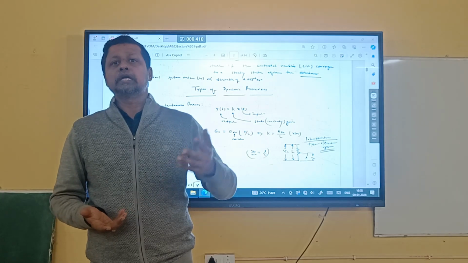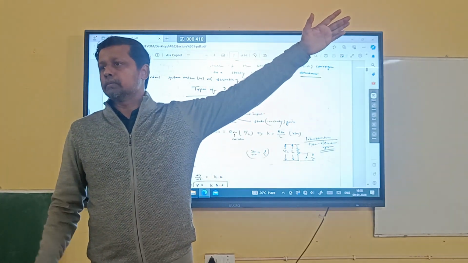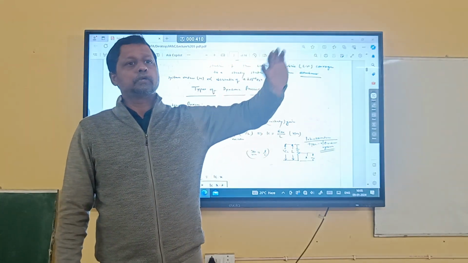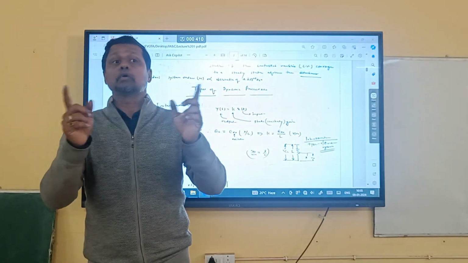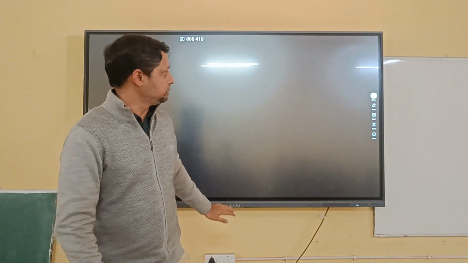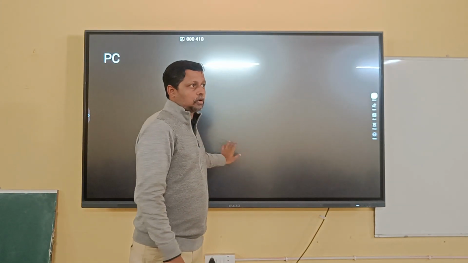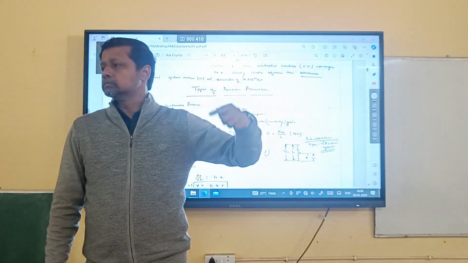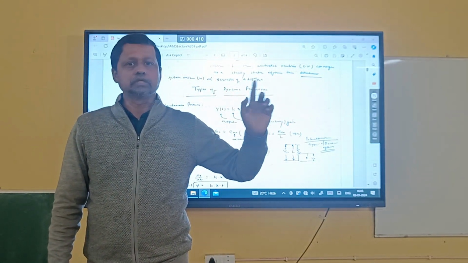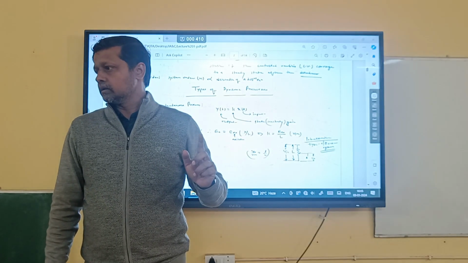Where the controller is kept around 1 kilometer away from the sensor, or the HMI is kept around 500 meters or 5 kilometers away from the sensor. I am talking about an industrial environment, and things become more and more challenging if you talk about mobile and cellular communication systems.